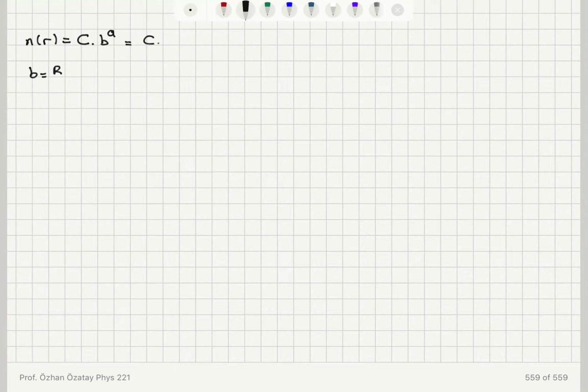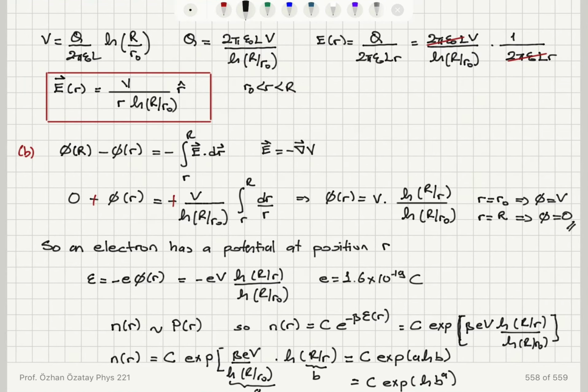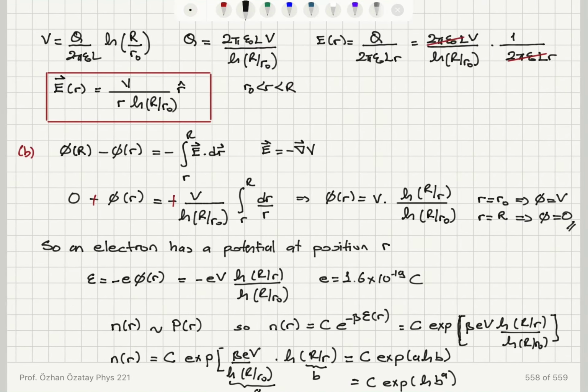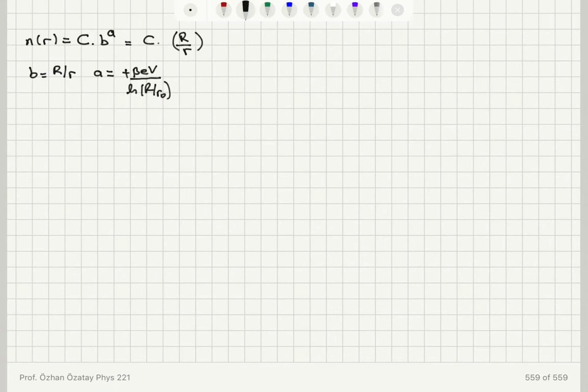B is capital R over r, and what I'm calling A is plus beta EV divided by natural logarithm capital R over R0.